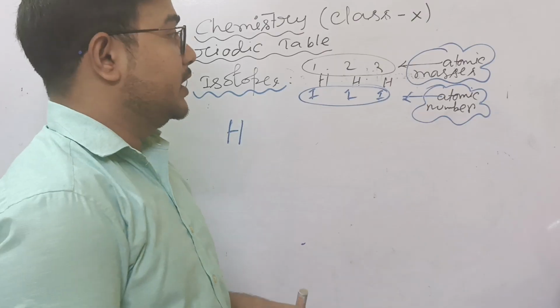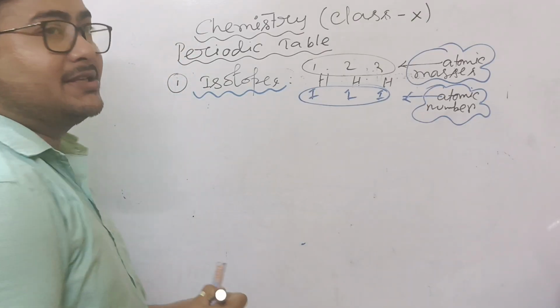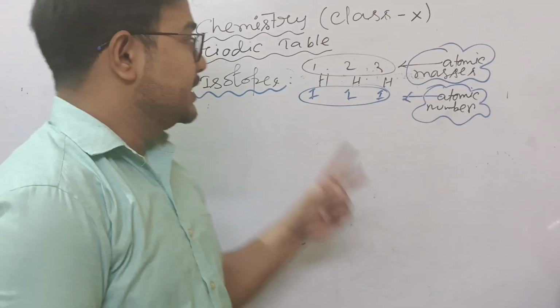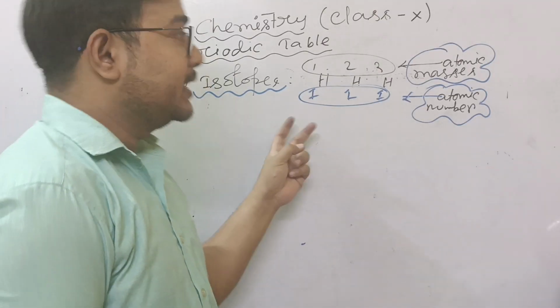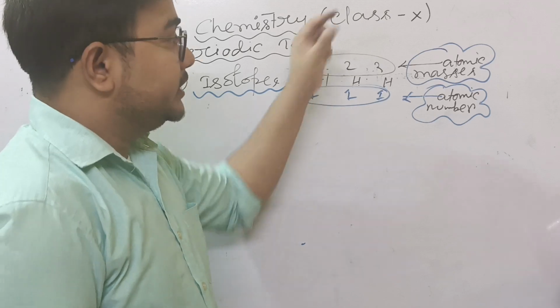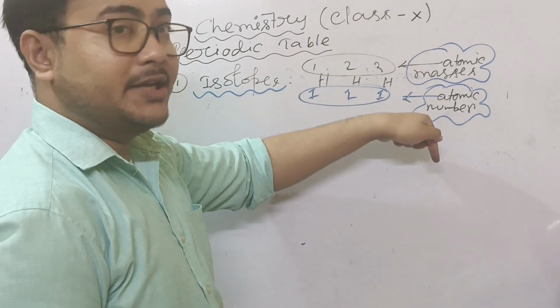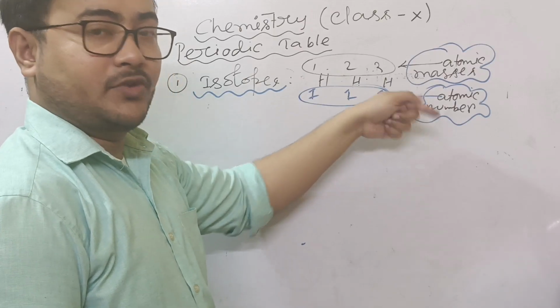So problem solved. Now, we have first Döbereiner's triad law, second Newlands' octaves law, third Mendeleev's law, that is the main periodic table. Later the word atomic masses was changed to atomic number by Moseley, that is the 4th law.